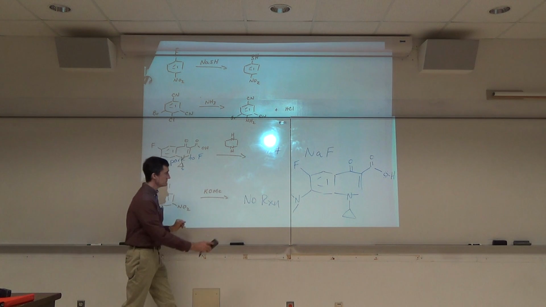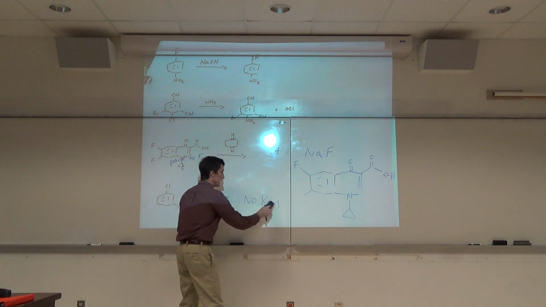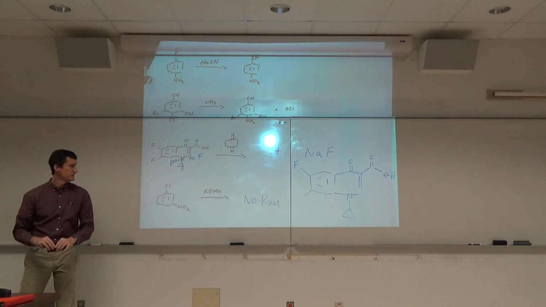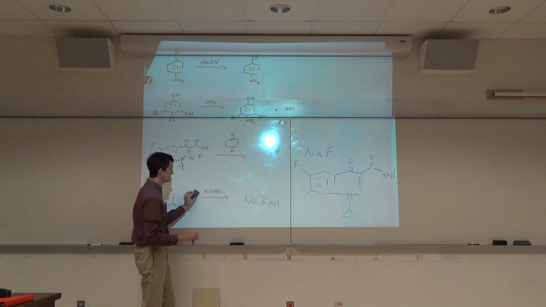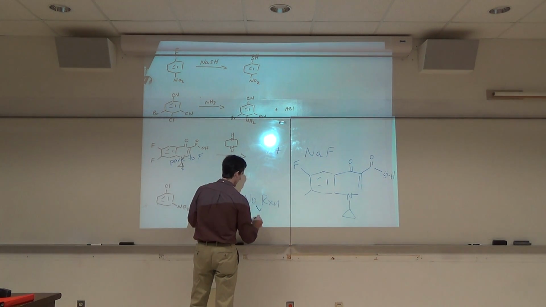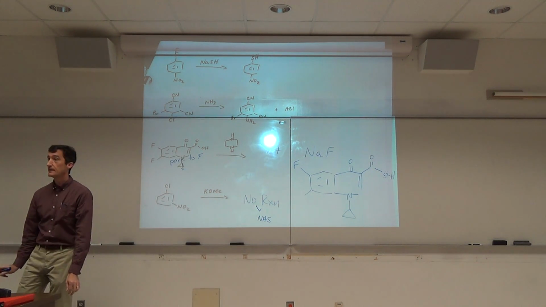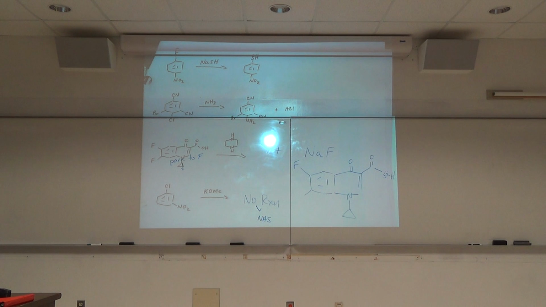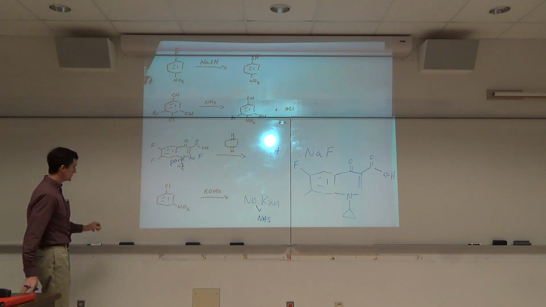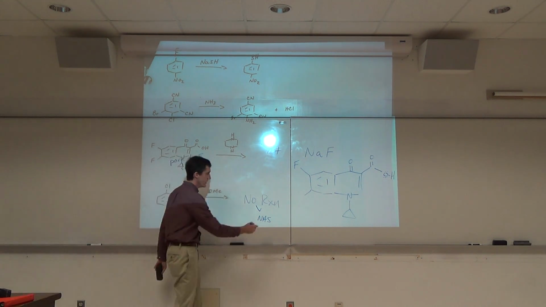No. No reaction at mild temperature. It's no NAS reaction. Definitely no NAS. It might be a benzyne mechanism, but benzyne requires pretty harsh conditions, or a stronger nucleophile. So, no NAS.